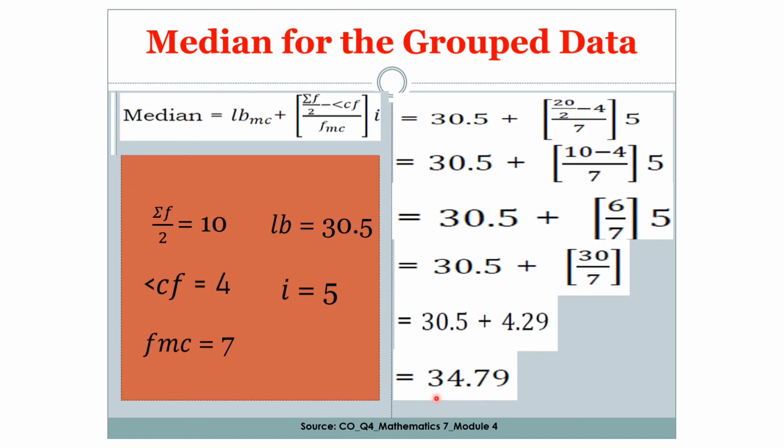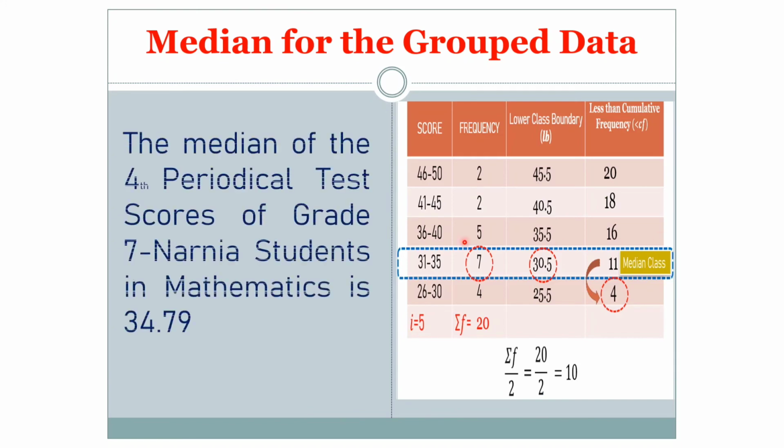And the result is 34.79. This is now the computed median of the group. Hence, the median of the 4th periodical test scores of grade 7 Narnia in mathematics is 34.79. As you can see, the computed median falls in the class 31 to 35.